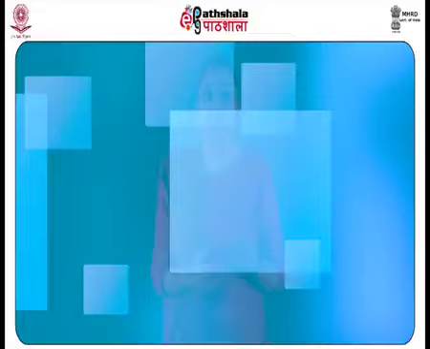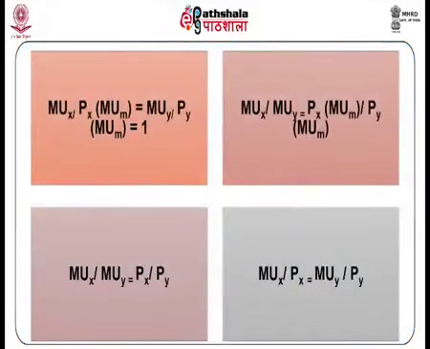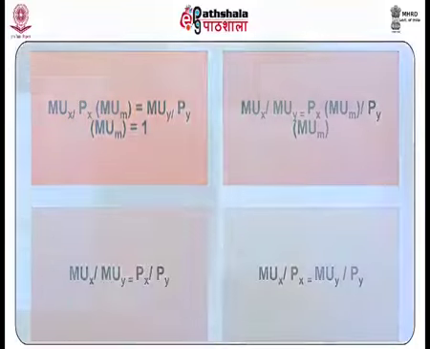Therefore, from the above two equations, we get MUX divided by Px into MUM is equal to MUY divided by Py into MUM is equal to 1, or MUX divided by MUY is equal to Px into MUM divided by Py into MUM, or MUX divided by MUY is equal to Px divided by Py, or MUX divided by Px is equal to MUY divided by Py.